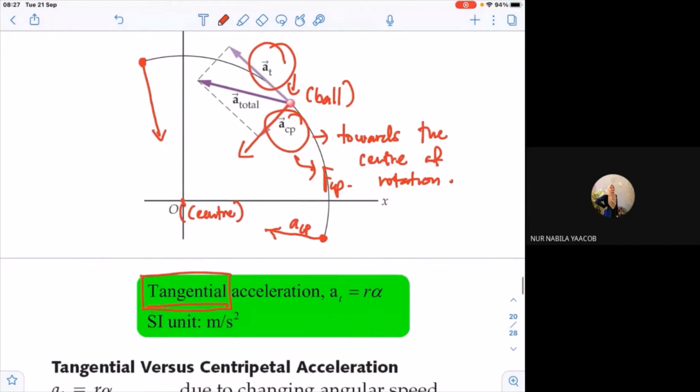So what is tangential acceleration? You look at the radius, and where is the tangent? Then there is some tangential acceleration. It's noted here that the tangential acceleration is actually r alpha.